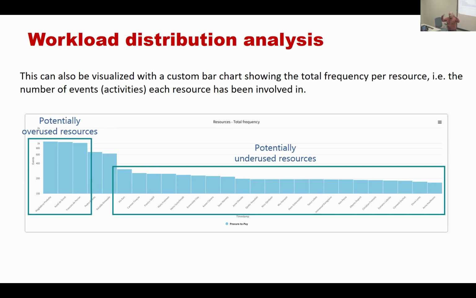They will give you very complementary views on where your waiting times in your processes are. Bottleneck analysis, workload distribution analysis, they are fully complementary. So do both of them if you want to get a good grasp of the performance of your process.